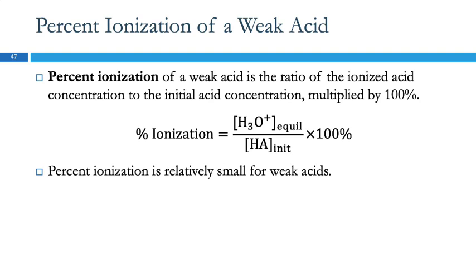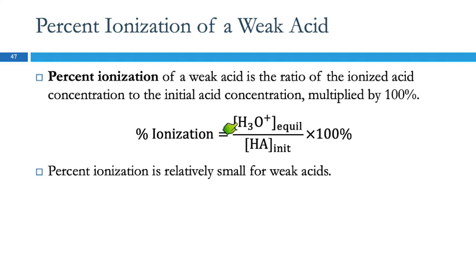Okay, the percent ionization of a weak acid. I just mentioned that weak acids, they don't even go halfway. So that would be 50%. So percent ionization is how we can measure how far does it go in a more meaningful way than the equilibrium constant. So percent is the part over the whole times 100.